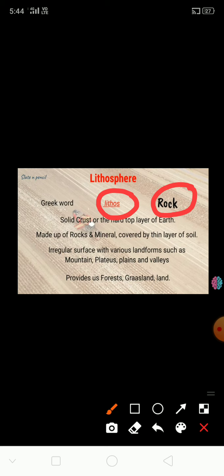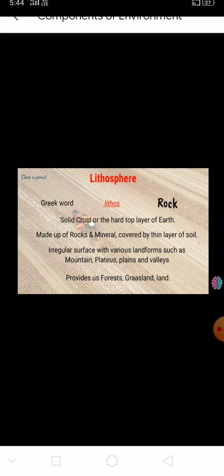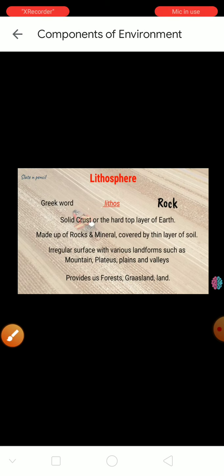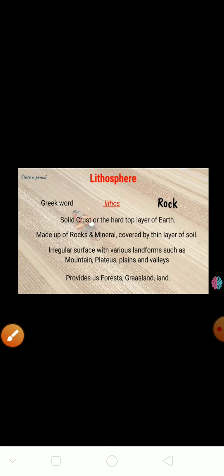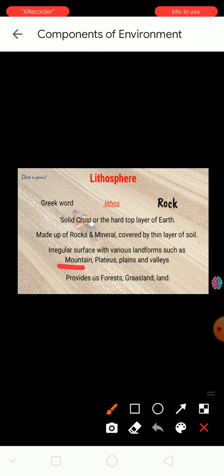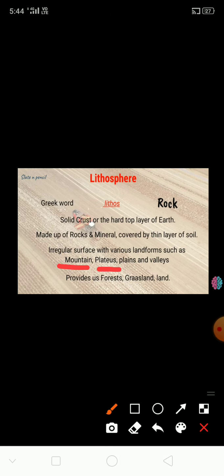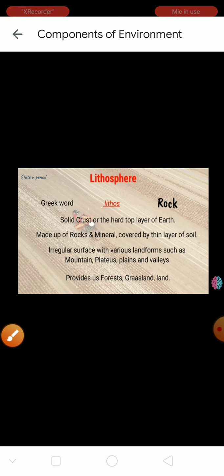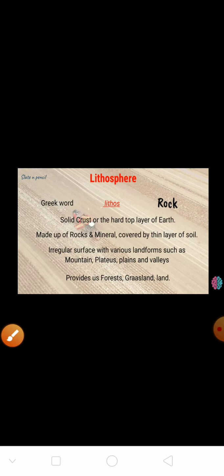It is made up of rocks and minerals covered by a thin layer of soil. It has an irregular surface with various landforms such as mountains, plateaus, plains and valleys. It provides us forest, grassland and land.